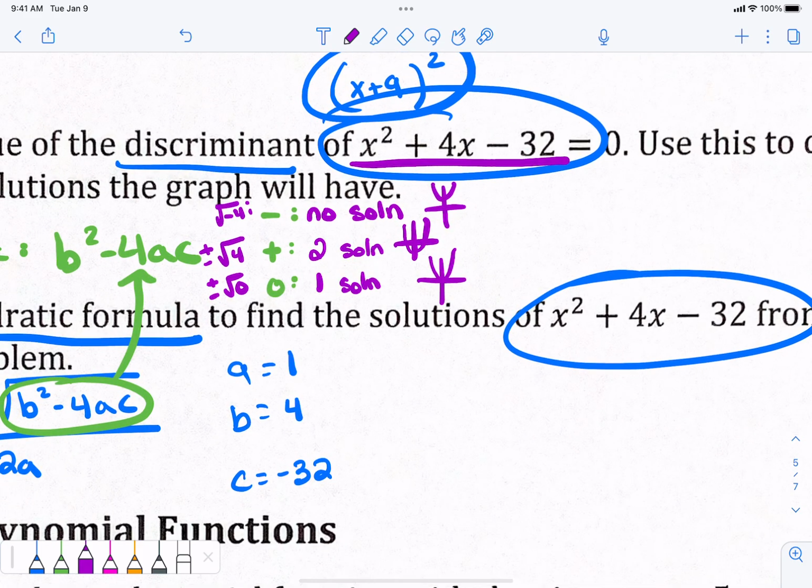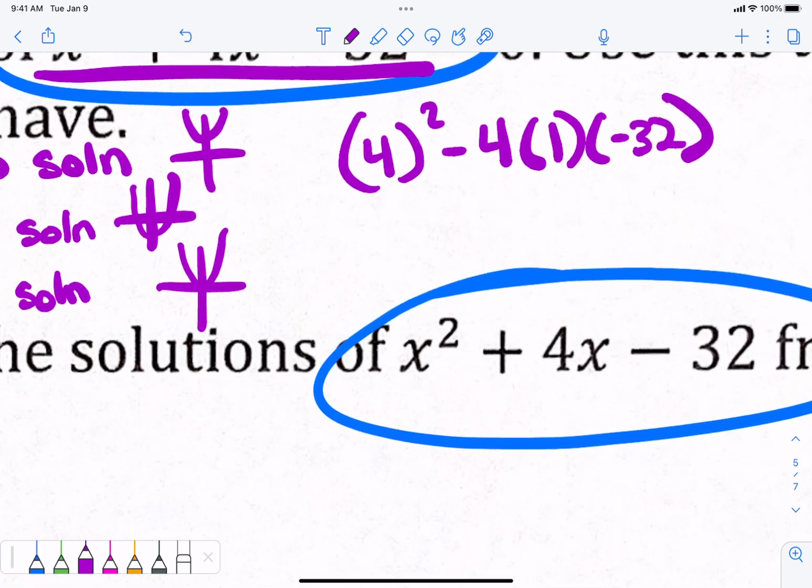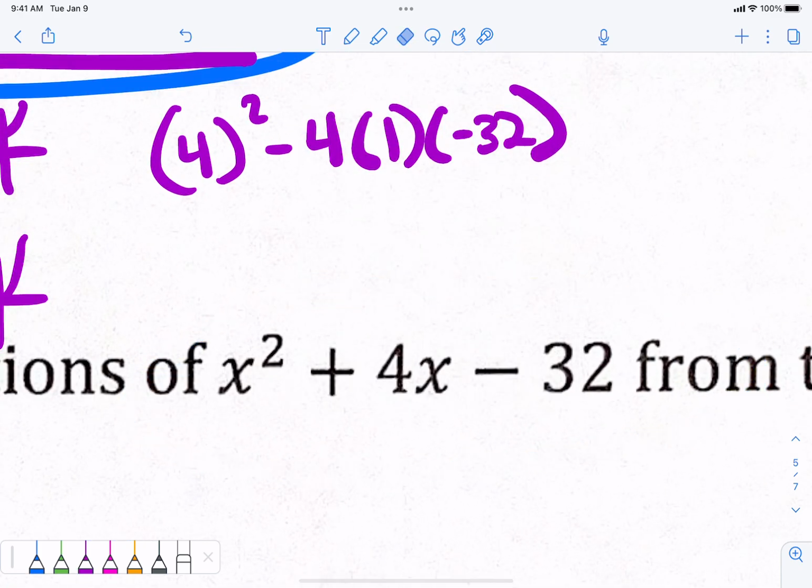All right, for this problem, let's do it. B squared will be 4 squared minus 4 times a times c. There we go. We've got that going on. All right, then we just have to solve for it. Okay? Anybody lost? Are we doing okay? 4 squared is 16.